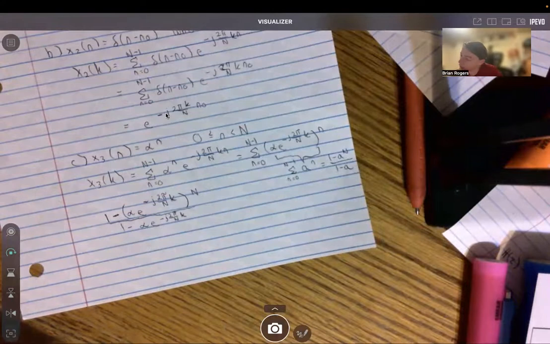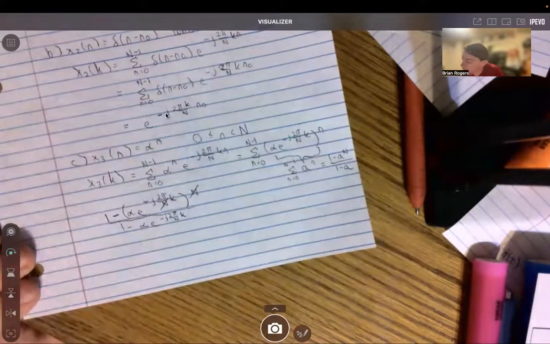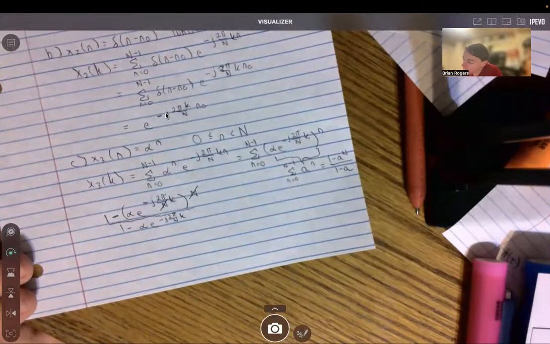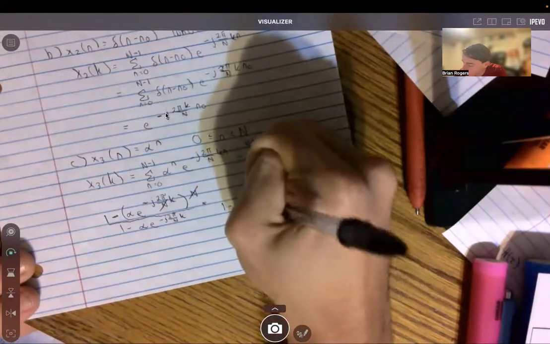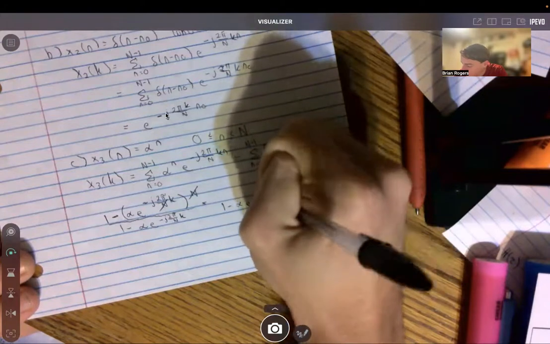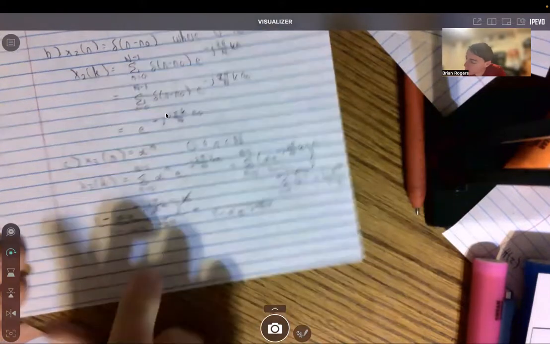Okay, now we got that in. Now what we're going to see as a result is that this term will cancel the N's, and we're going to get 1 minus alpha e to negative j 2 pi all over N times k.